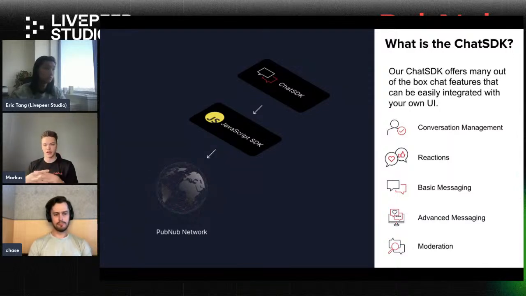The Chat SDK offers conversation management, basic messaging, advanced messaging such as reactions, moderation, banning people, muting people, even reporting users or reporting messages. So that is a quick summary of the Chat SDK.